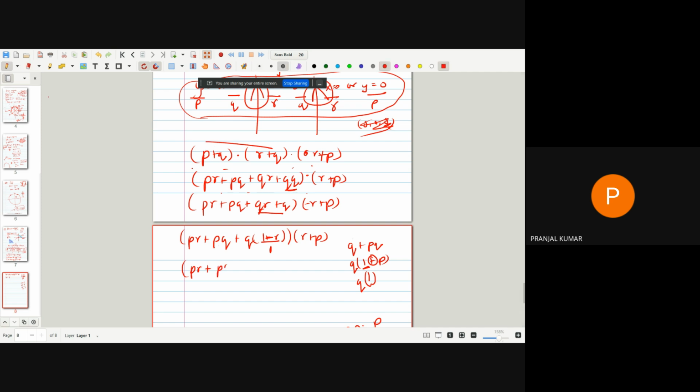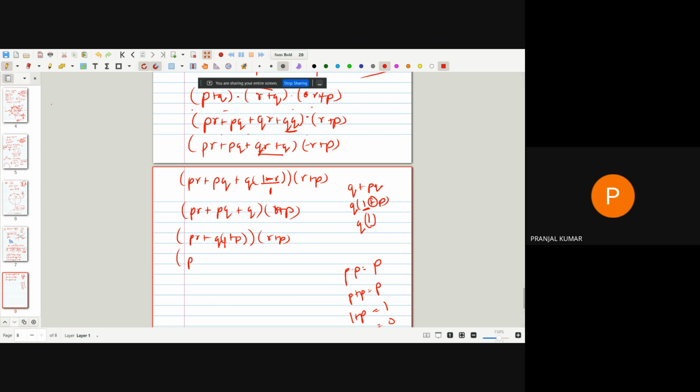So I will write it. Okay. (P plus Q) dot (R plus P). So you will get PR plus Q(1 plus P). So you will get again 1, so PR plus Q, dot (R plus P). Now you can expand: PRR plus PPR plus QR plus QP.